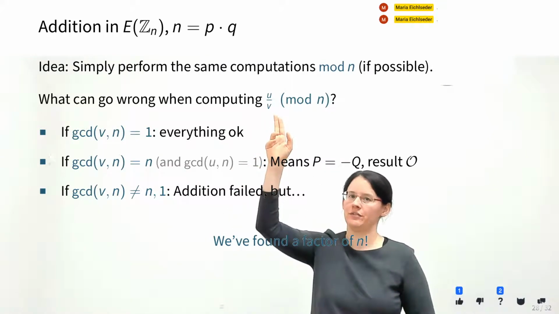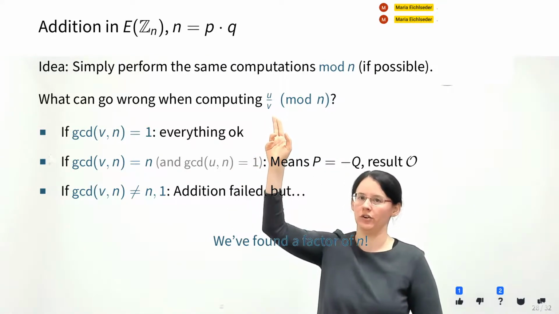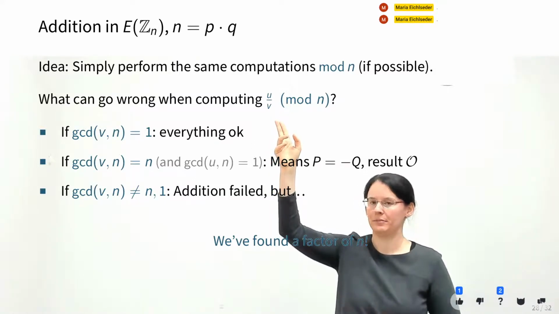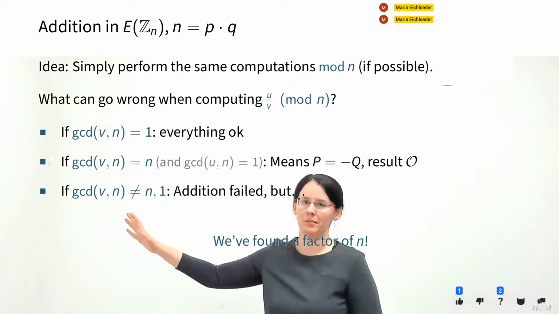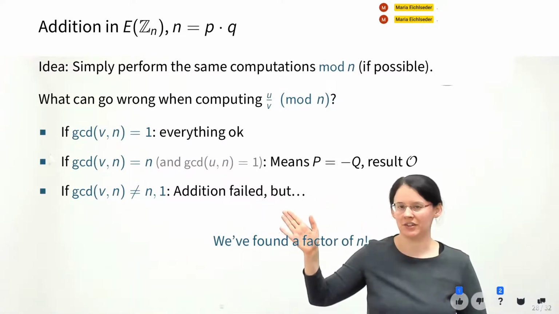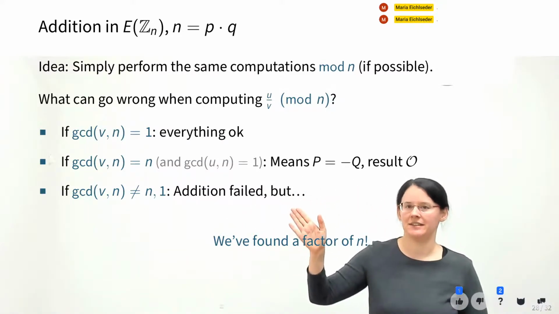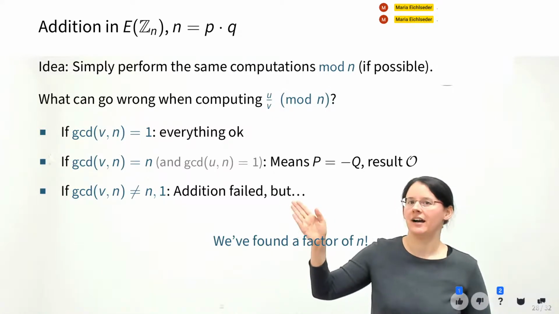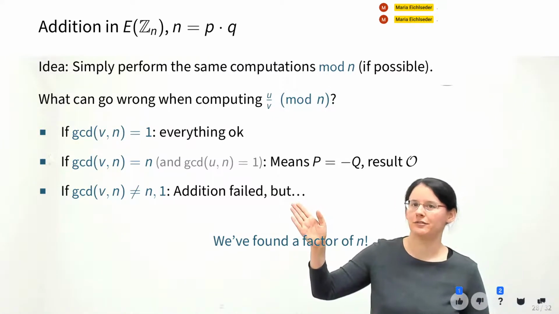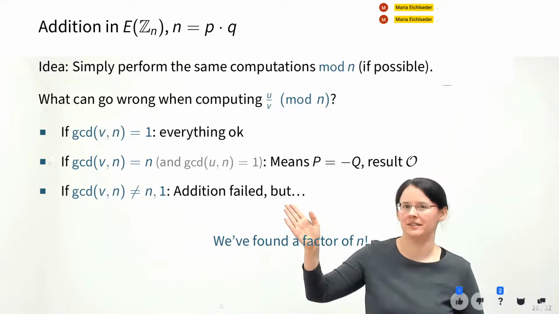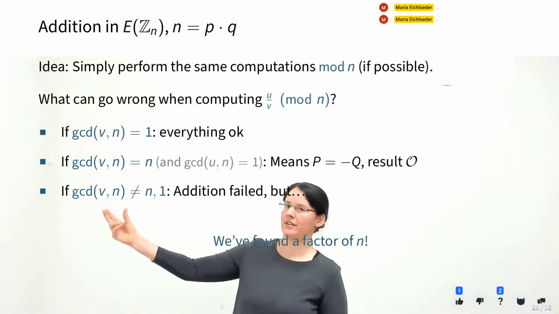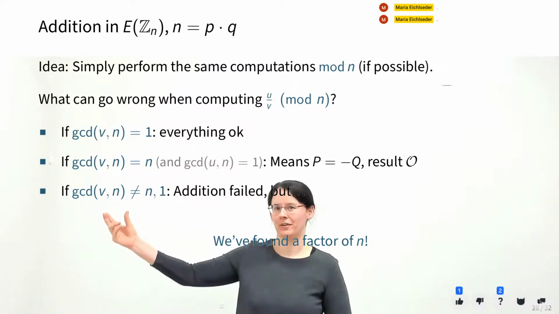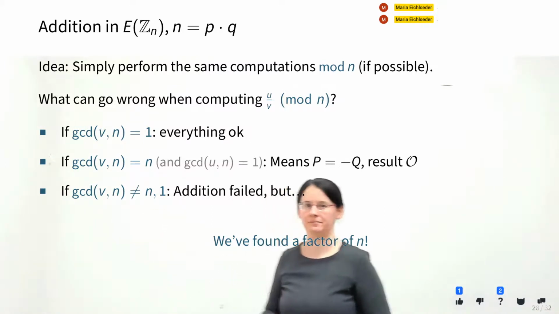It's similar to division by 0, a division by an element by which I actually can't divide. So if I run into this problem, then while doing the division, using for example the extended Euclidean algorithm, I will get an error. I will get the information that you can't actually divide by this. And the reason is this common factor. And this common factor turns out to be exactly what I'm looking for, namely a prime factor of n.